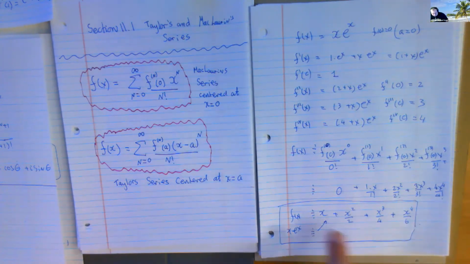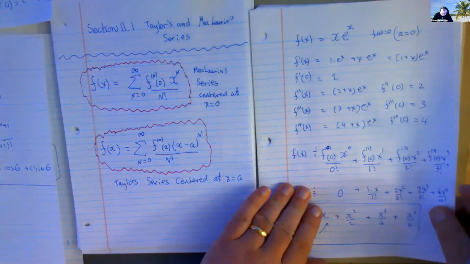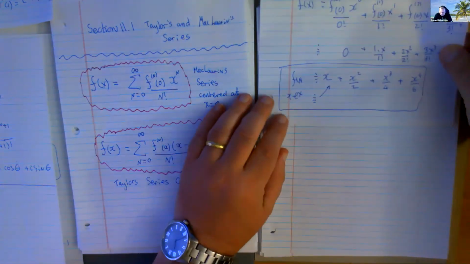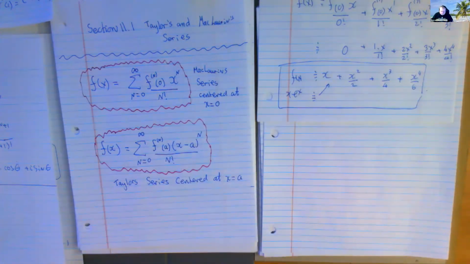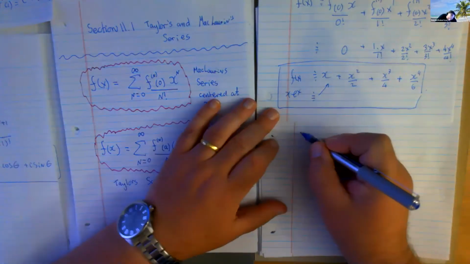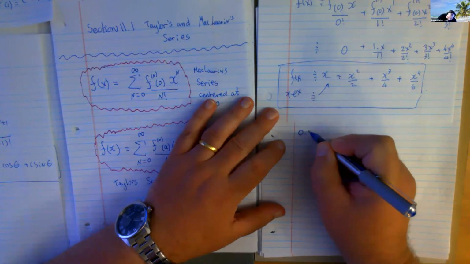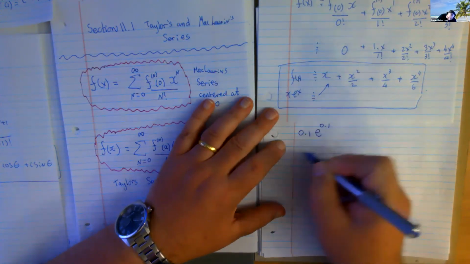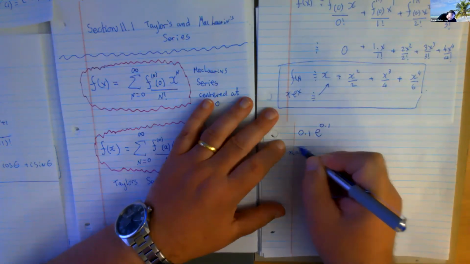And I'm making the assumption that the first 4 terms are where most of the value is. So I'm now about to take my mathematical career in my hands and risk being shown that it ain't that good. I am going to find 0.1 e to the power of 0.1. In other words, I'm going to evaluate this at x equals 0.1.